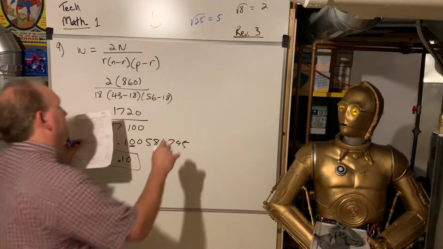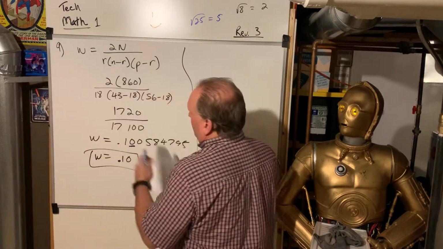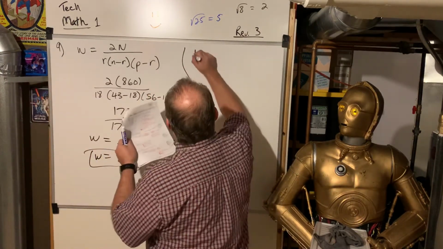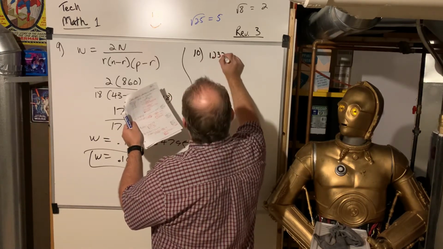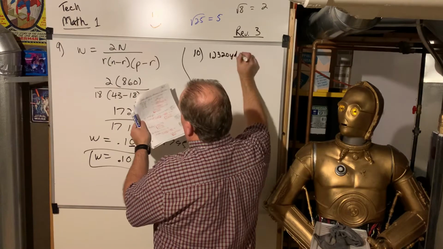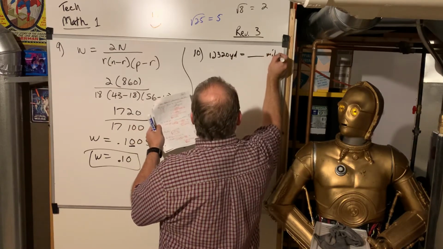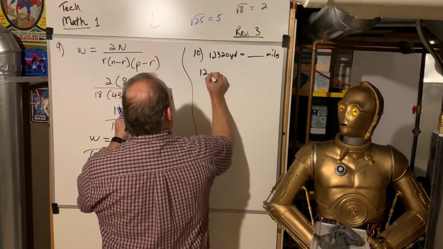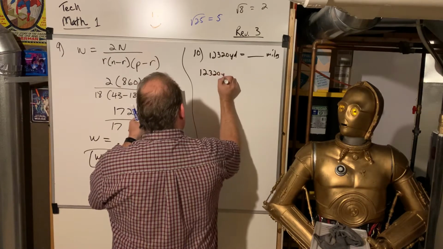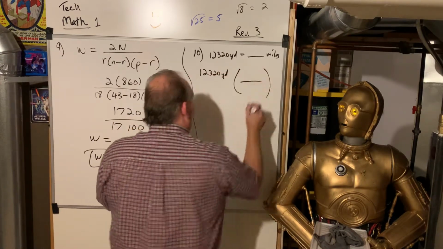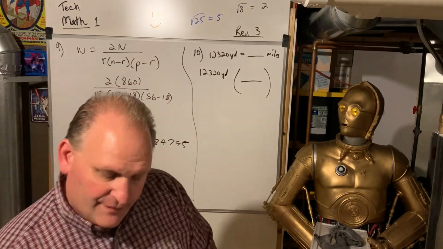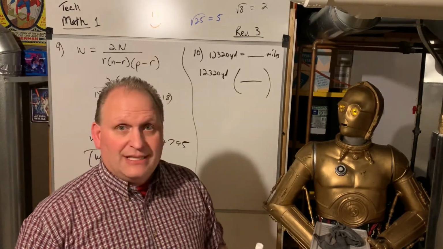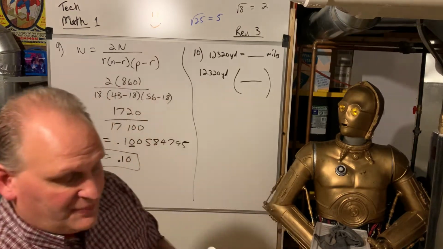All right, number 10. Okay, finally something different. We're gonna look at 12,320 yards is how many miles? So you write 12,320 yards, and now we're going to multiply it by fancy 1. And again, if you look at the key, I actually looked it up for you in the book.